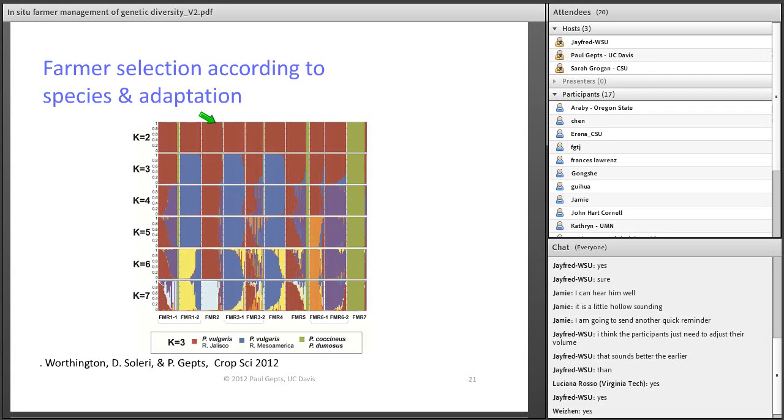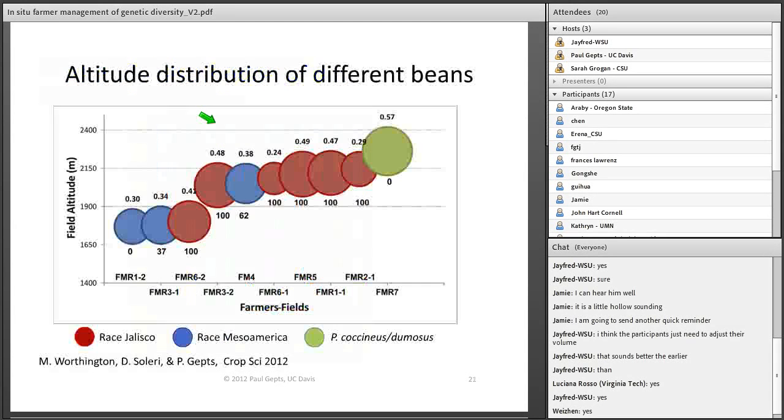What they did was look at a specific village in the state of Oaxaca, and you see here a Google Earth representation. The circles indicate different fields, and the labels indicate the farmer, then 1, 2, 3, and some farmers are represented 2 times.